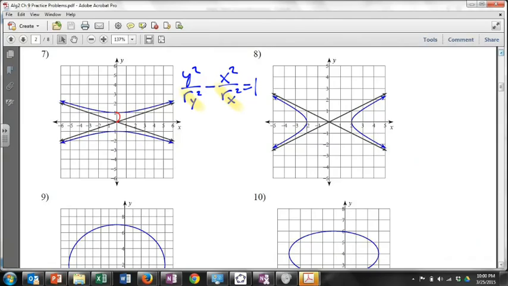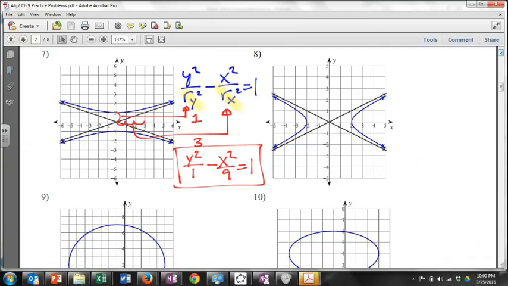The ry value is 1. The rx value is 1, 2, 3. So we plug these in, and we end up with y squared over 1 squared, which is 1, minus x squared over 9 is equal to 1. That's our solution for the hyperbola.